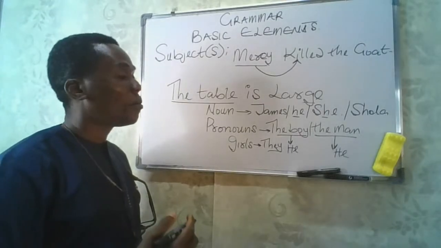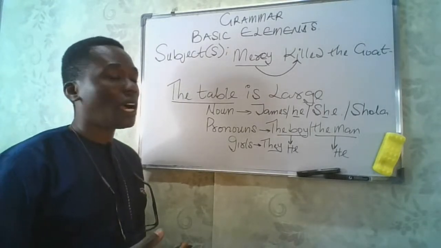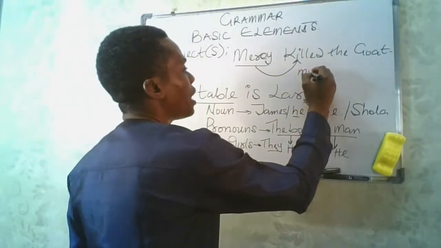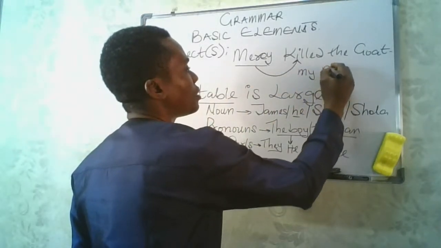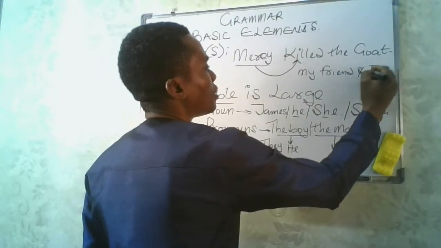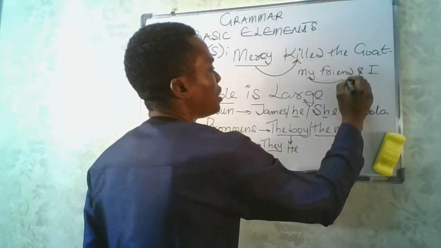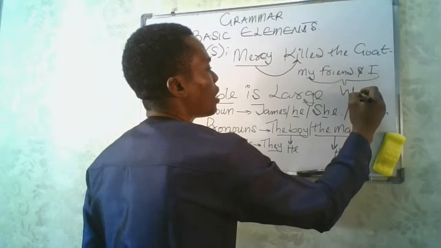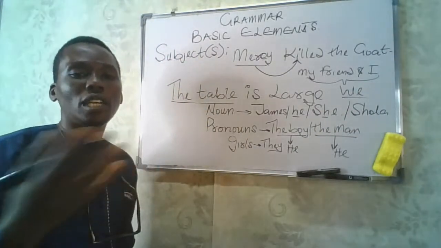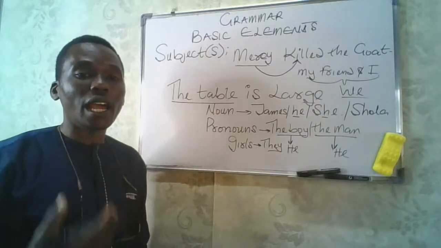If I have my friend and I, I can say we. We can stand this as we. That's the pronoun we can use for that. We are in charge. My friend and I are in charge.